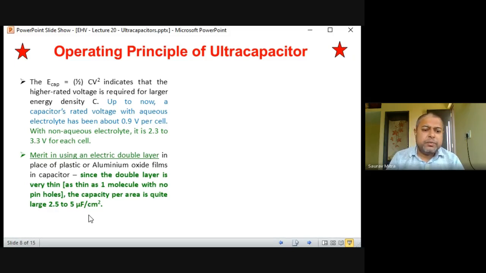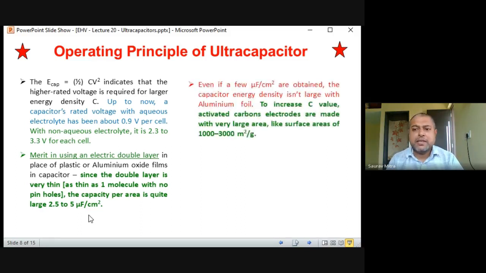That means every centimeter square, which is the plate area, generates a capacitance of 2.5 to 5 microfarad. You can imagine it is quite a big capacitance value, and a high value of C increases the energy storage capacity of the ultracapacitor.